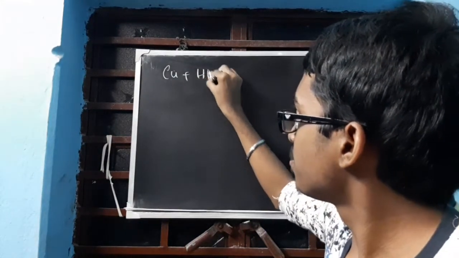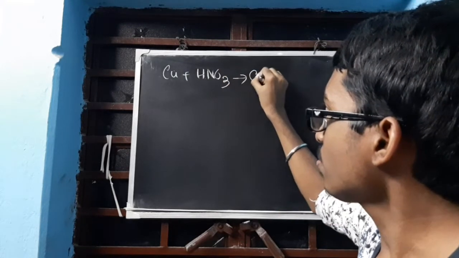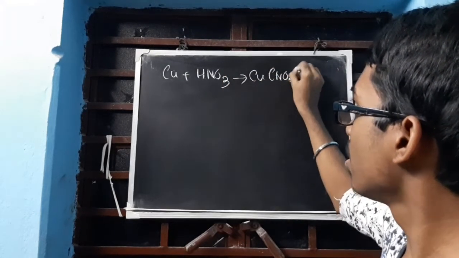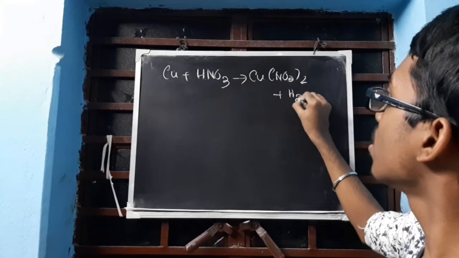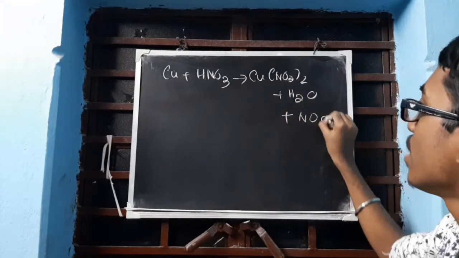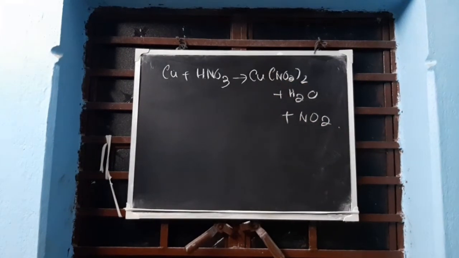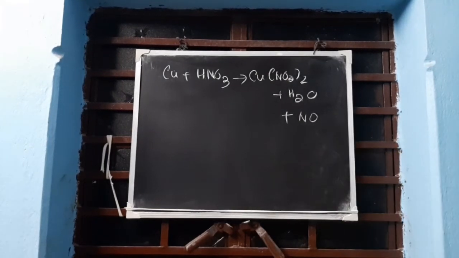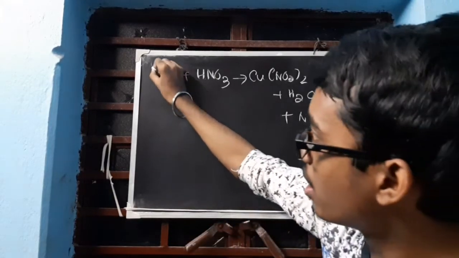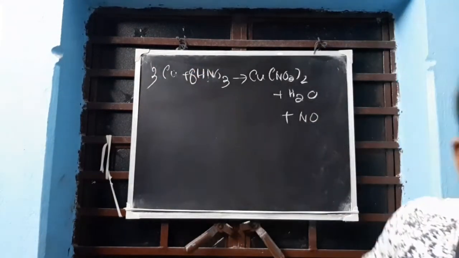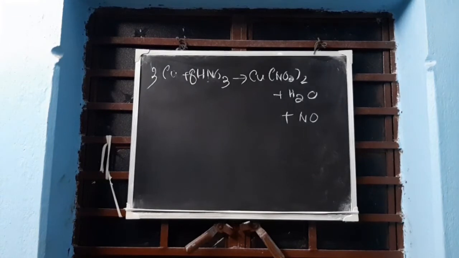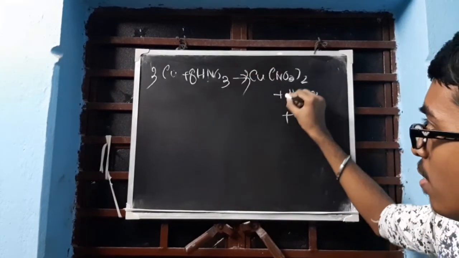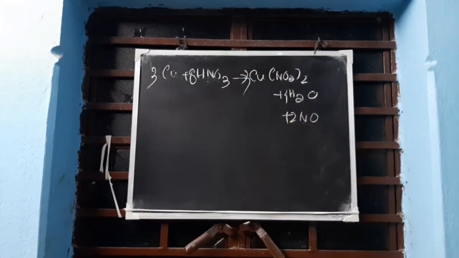Copper plus nitric acid gives you copper nitrate plus water plus nitrogen dioxide. Taking it as concentrated, okay? Okay, leave it, dilute. So you may know, the balance is 3, 8, 3, 4, 2. Done. Okay.